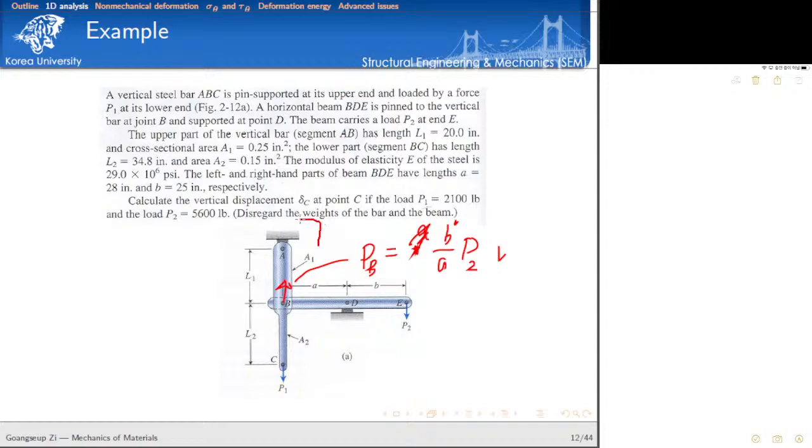So now let's focus on this one-dimensional problem. Okay, so now we have one-dimensional problem.